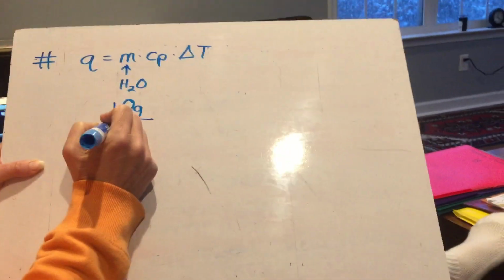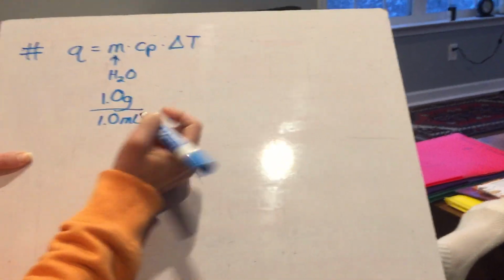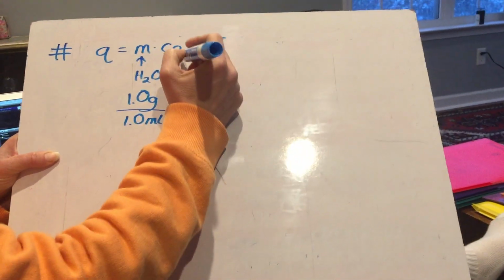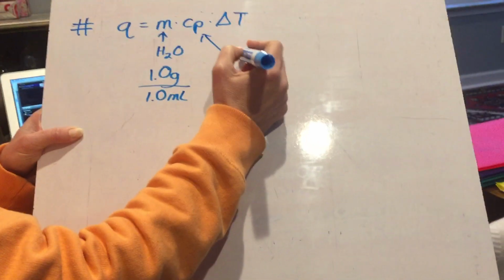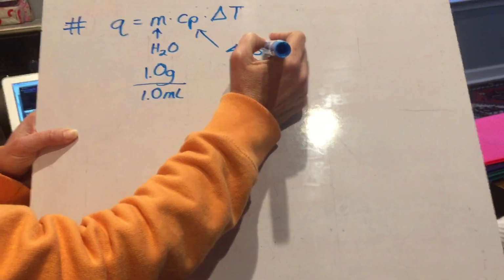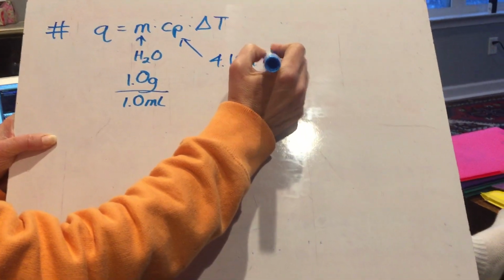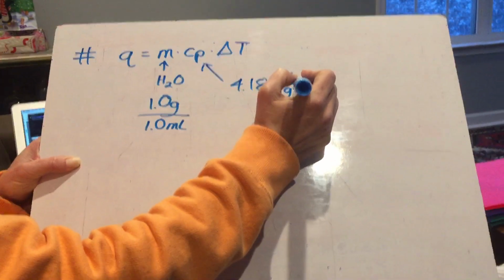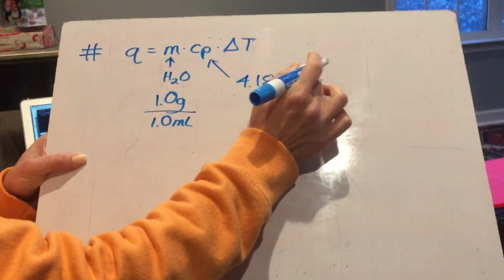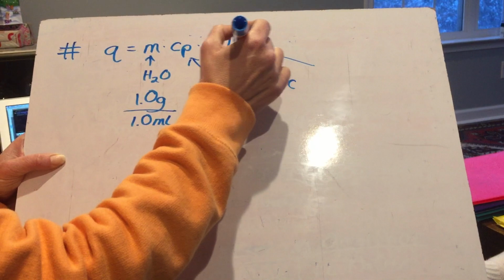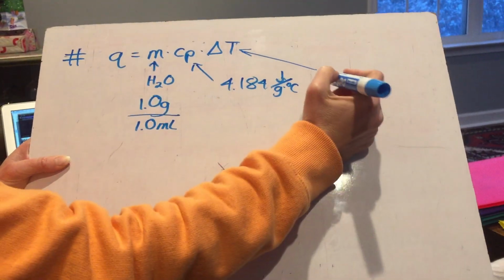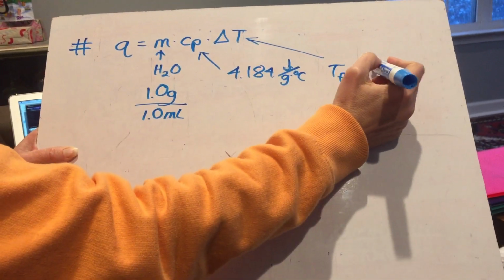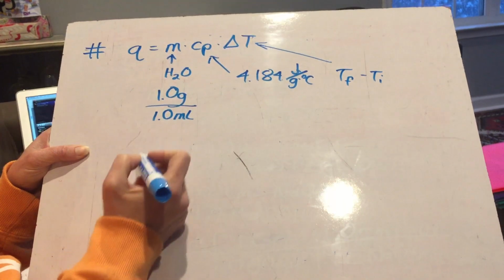You're going to have to use 1.0 grams per 1.0 milliliters in order to figure out your mass of water. This is the specific heat of water, so this is going to be 4.184 joules per gram degree Celsius. And then this is going to be the change in temperature of your solution, so that's going to be your final temperature minus your initial temperature.